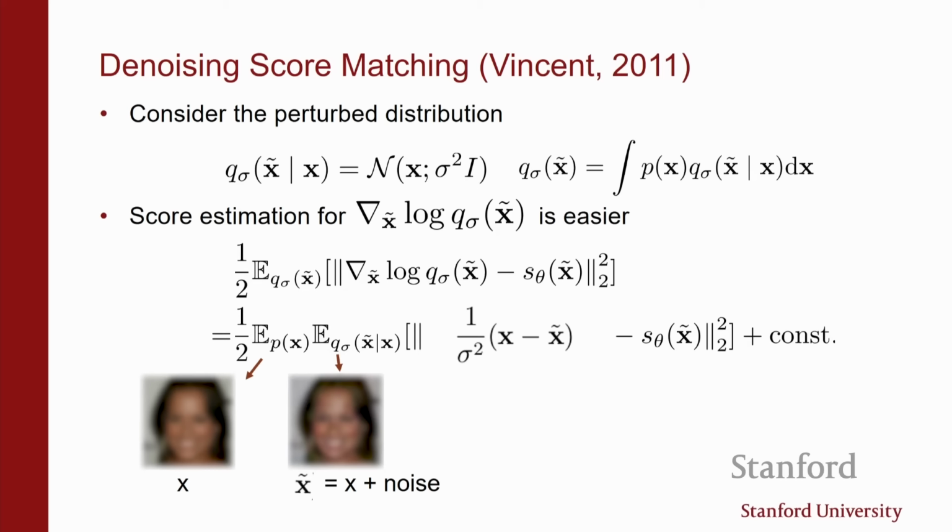To the extent that you can do well at denoising, you're going to do well at estimating the score. And we know that the score is, to some extent, equivalent to having a likelihood. We haven't yet talked about how you actually generate samples from these models, but essentially we'll do MCMC. So after all these steps, we've reduced generative modeling to denoising, probably one of the easiest tasks you can think of.